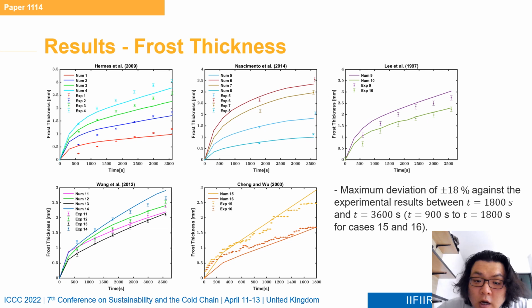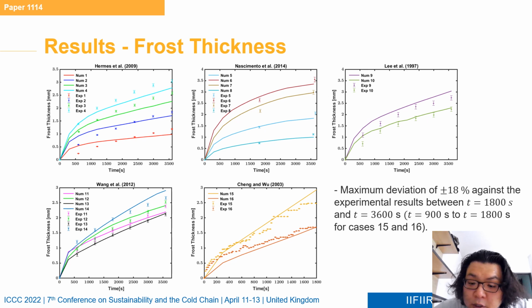The results are compared and validated for the frost thickness and frost density. For the frost thickness, a maximum deviation of ±18% was observed against the experimental results between times equal to 1800 seconds and 3600 seconds for the majority of cases, and for the validation against Chang et al. cases, between times equal to 900 seconds and 1800 seconds.